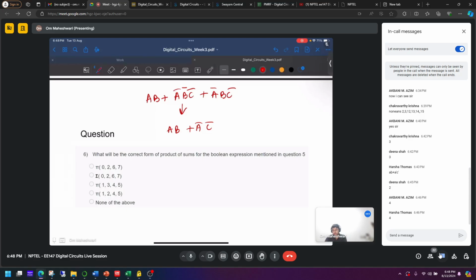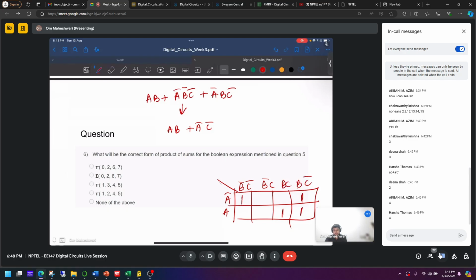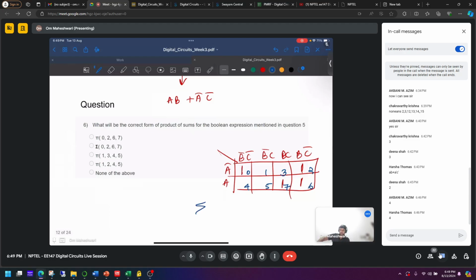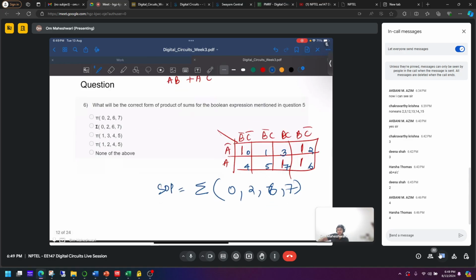So if you see your K map, A bar, A, B bar C bar, B bar C, B C, B C bar. We already know these are the ones. But if we number it, this is 0, 1, 2, 3, 4, 5, 6, and 7. So your SOP form is 0, 2, 6, and 7. But what they're asking is POS.